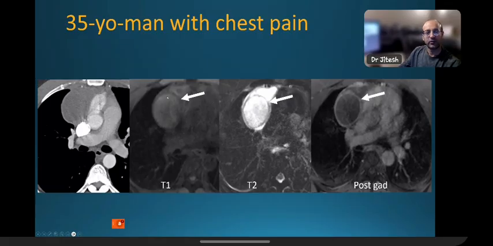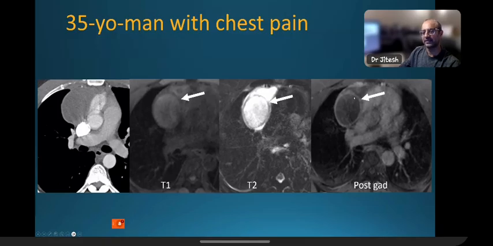On MR, on T1, we can see this hypointense wall of this lesion. And then we can see a slightly hyperintense component, maybe with some septations. On T2, we can again see two different signal intensities and this nice hypointense wall.